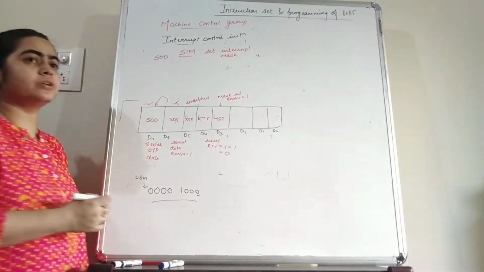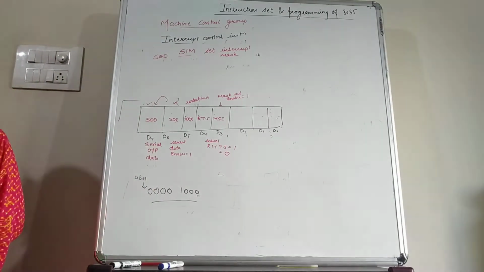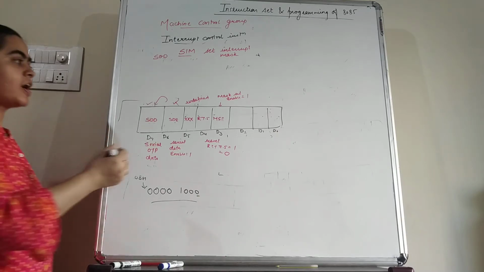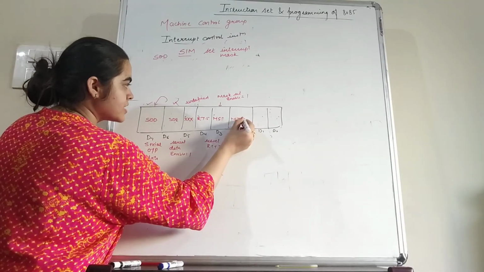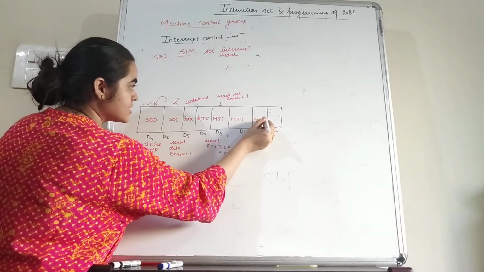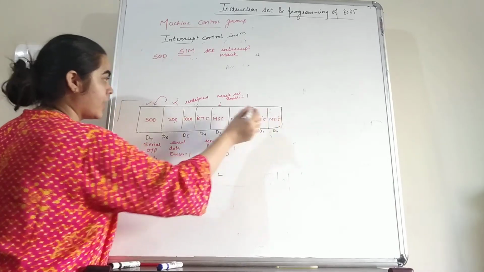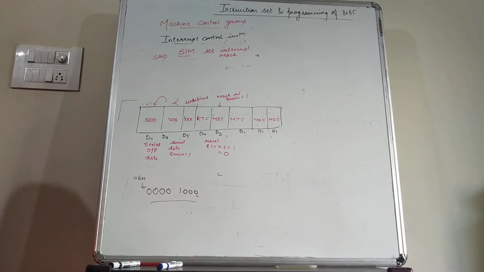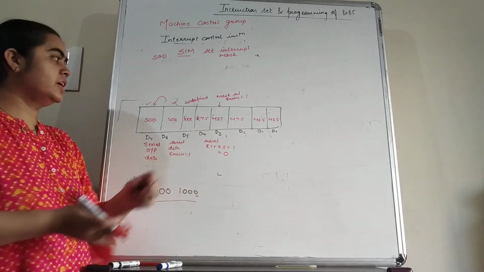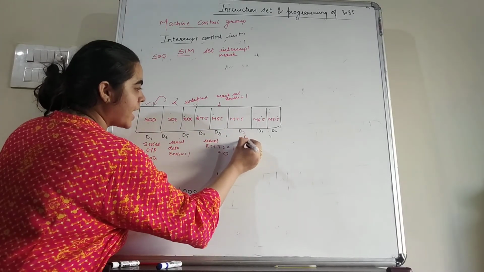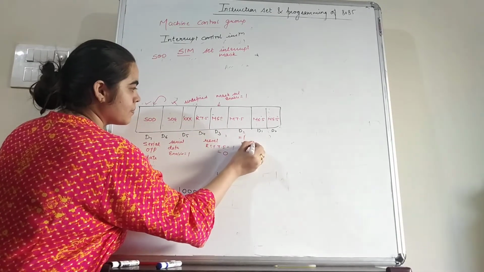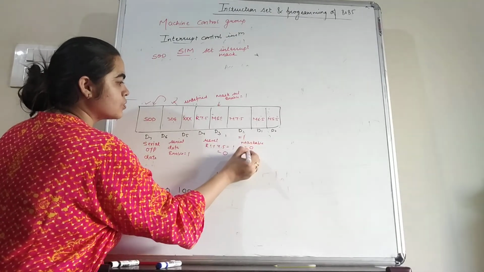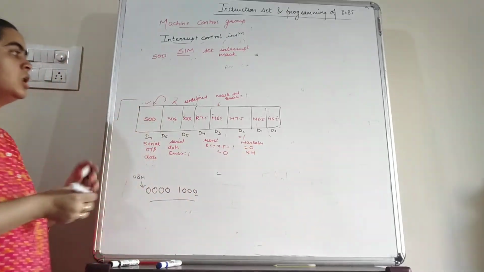After this, next we have 7.5, 6.5 and 5.5 interrupts. So first one is M7.5, next is M6.5 and next is M5.5. So these bits represent, if it is equal to 1, that means it is a maskable interrupt, and if it is 0, that means it is a non-maskable interrupt.